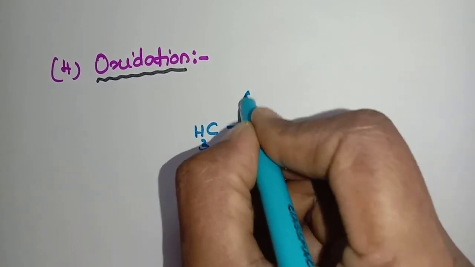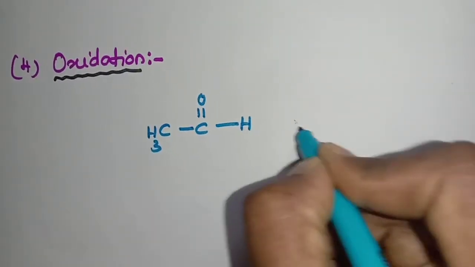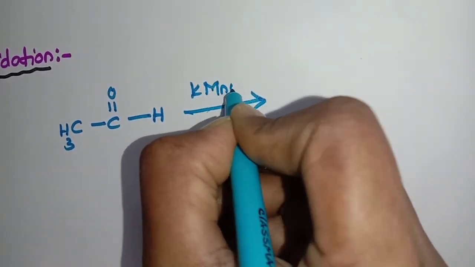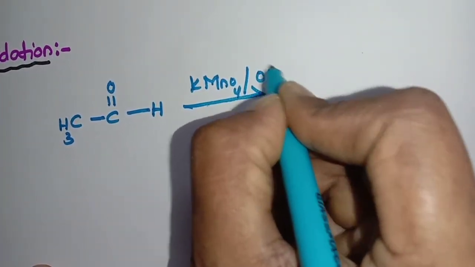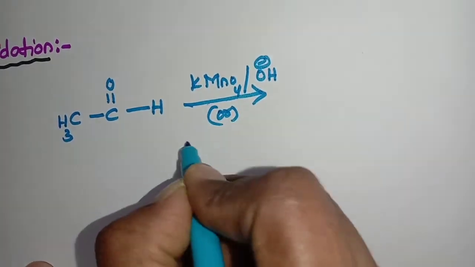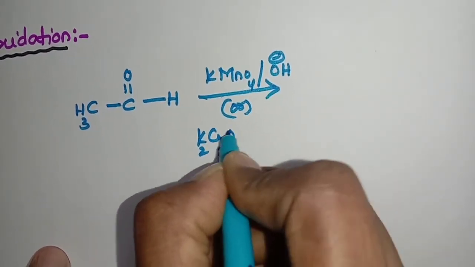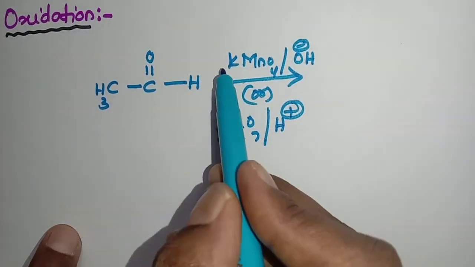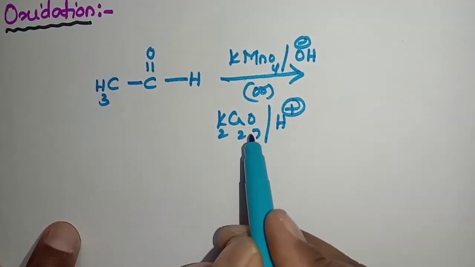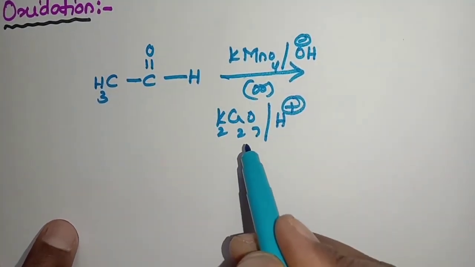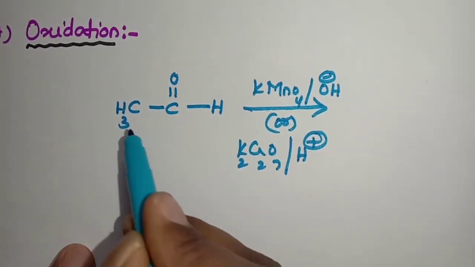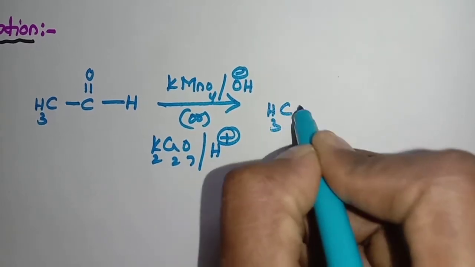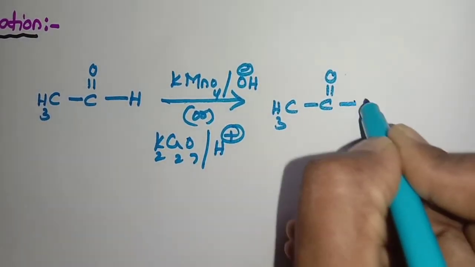CH3 C double bond O H on oxidation with KMnO4 in the presence of a base, or K2Cr2O7 in the presence of an acid. So potassium permanganate, potassium dichromate. Okay, these are oxidizing agents. Easily aldehydes undergo oxidation producing carboxylic acids.